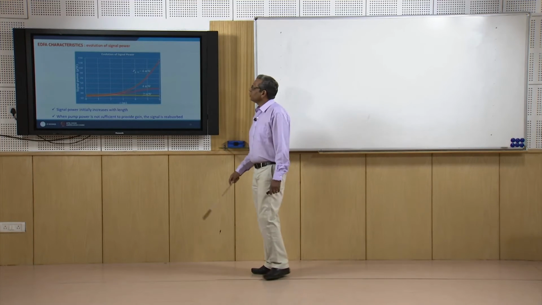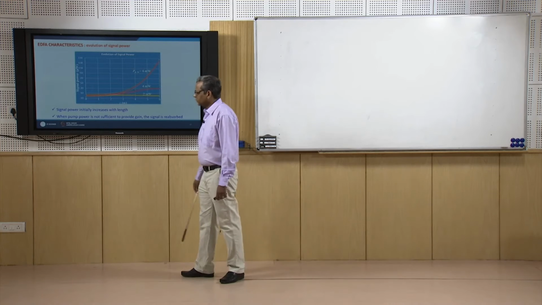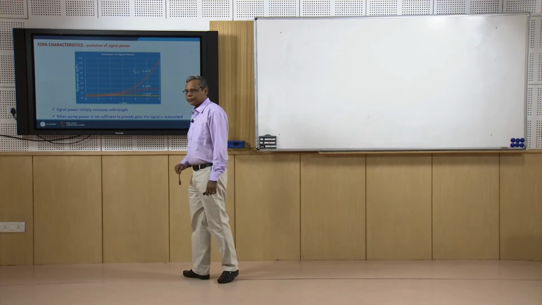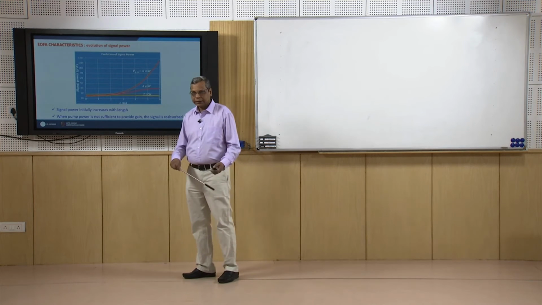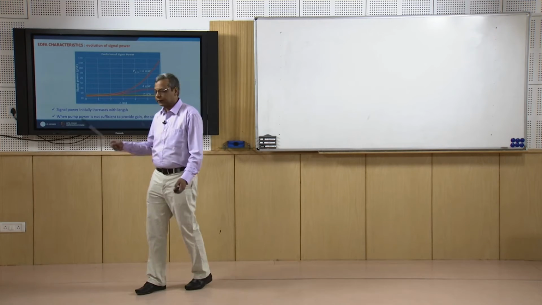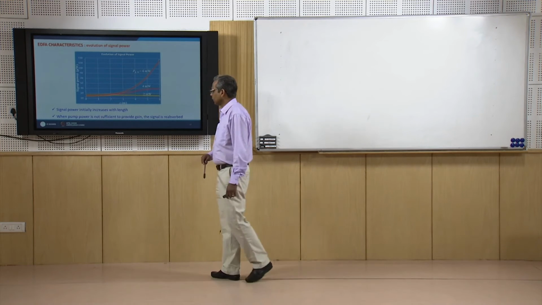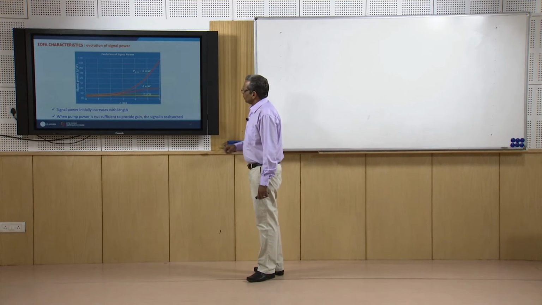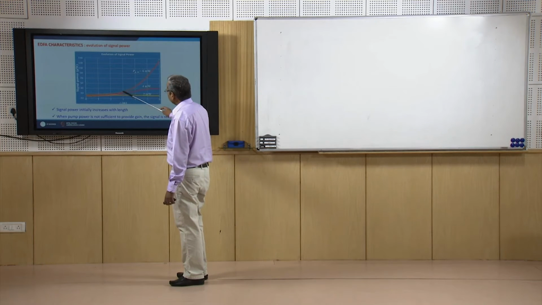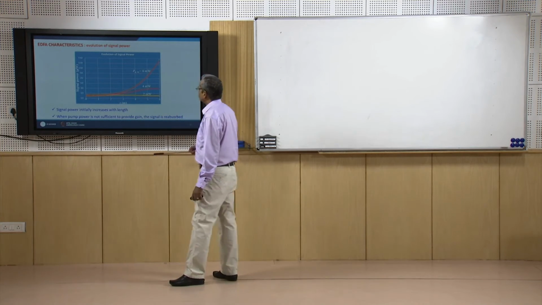Then this is the evolution of signal power. So, as you go along the length of the fiber, the signal gets energy from the pump. So, pump energy decreases, but signal energy increases. So, you have the signal power increases with distance.